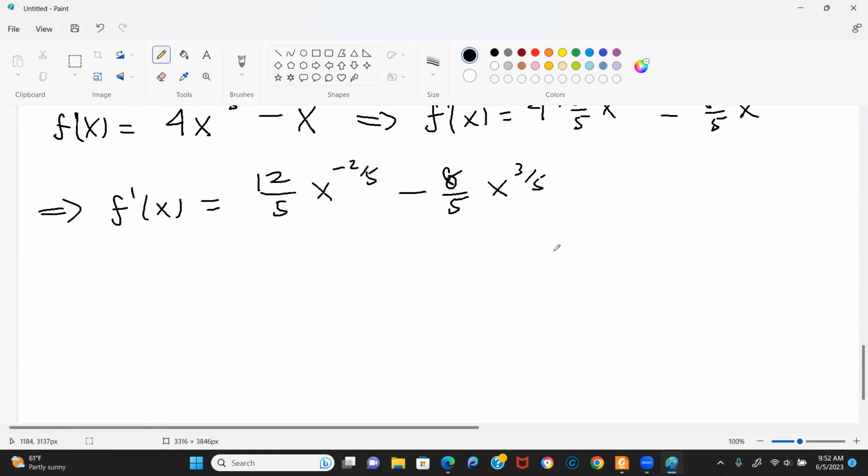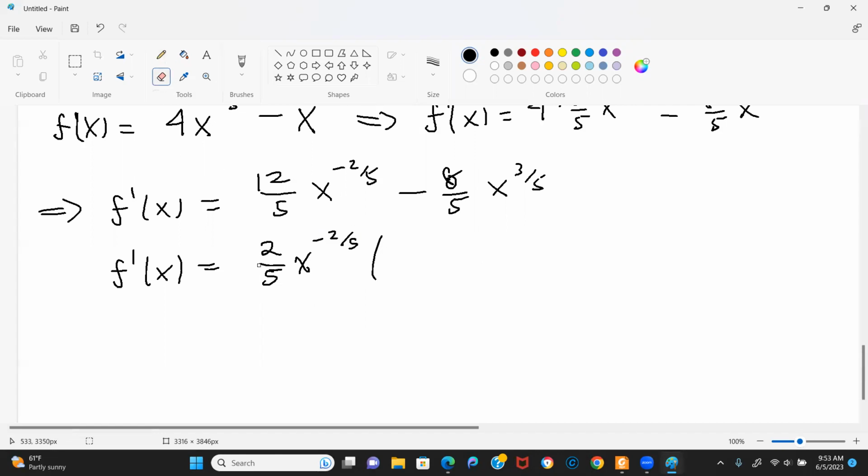Then what we want to do is factor out x to the negative 2/5. If you factor out x to the negative 2/5, inside you'll get 12 over 5 minus 8 over 5. Actually, I can factor out a little bit more.